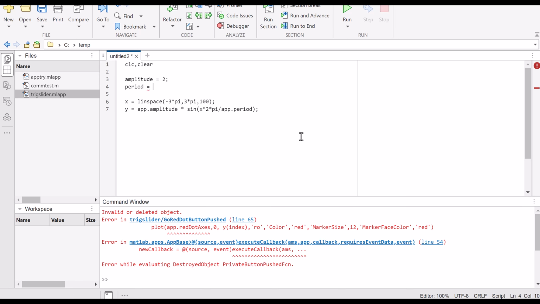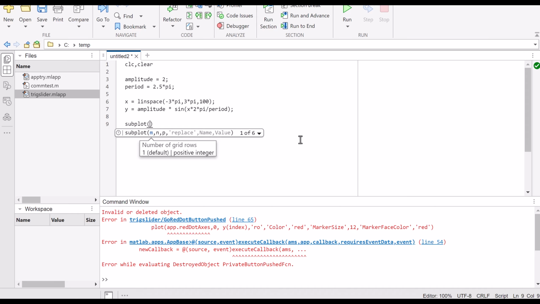I'm sure there's some maximum that the Arduino can handle, but let's say the period is just 2.5 times pi. Okay, so I'm going to change this just for the purposes of doing this. I'm going to do a subplot, 2 by 1, first one, and I'm going to plot xy, and then I'm going to plot 2 by 1, second one.